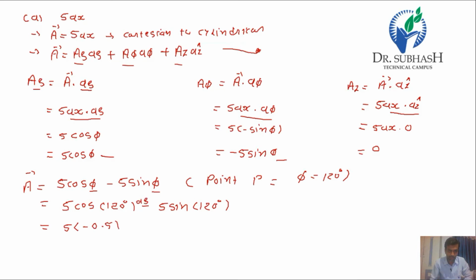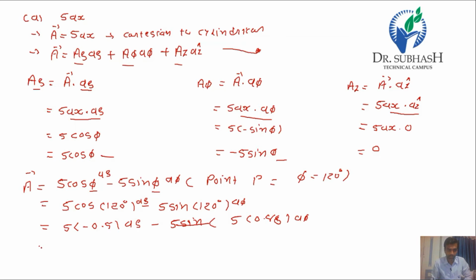Sorry, here is the ρ direction, and this is the φ direction. In the ρ direction, minus ρ sin 120 degrees. Sin 120 degrees means 0.86 in the φ direction.